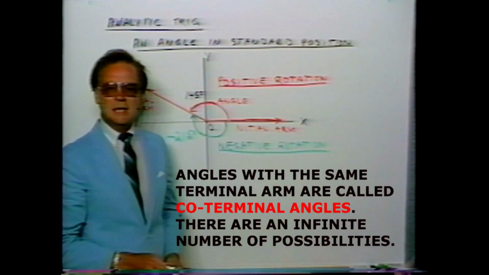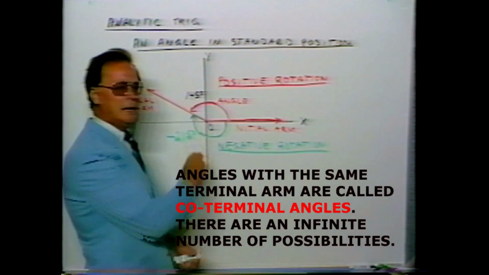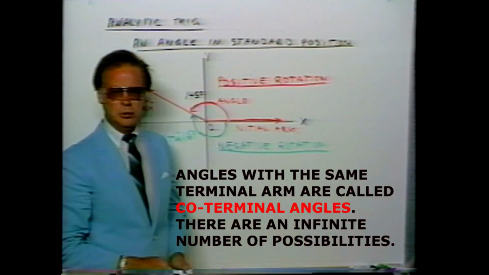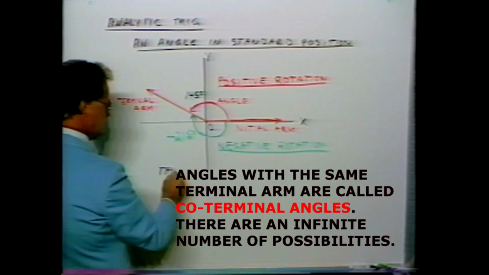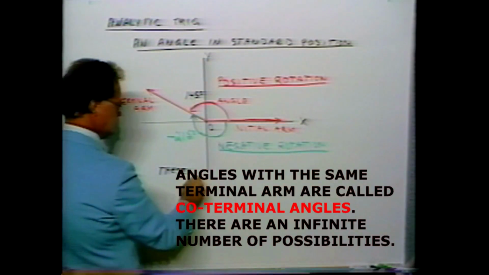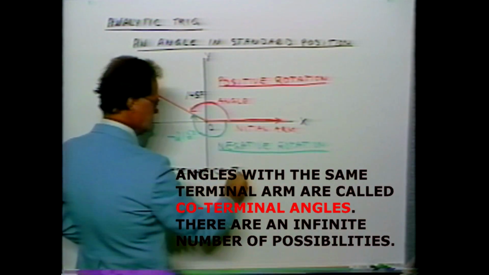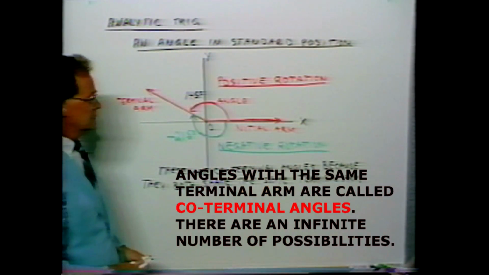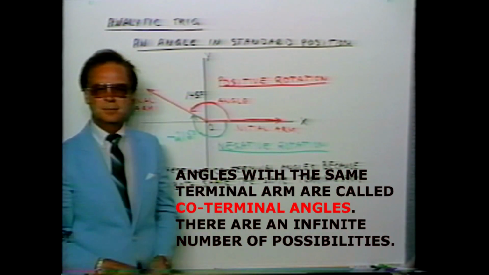Angles having the same terminal arm, which these two angles do, are called coterminal angles. Both of these angles are in standard position.